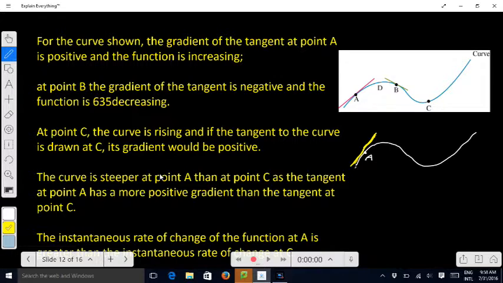Instead of calculating the average rate of change for the whole function, which would be calculated as final take initial, and that might be a gradient of 2, for example, it's clearly much more steep at A. So the rate of change is going to be greater at that particular point than when looking at it across the whole interval.